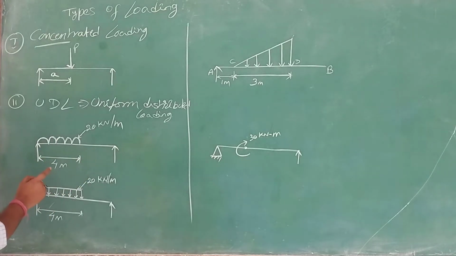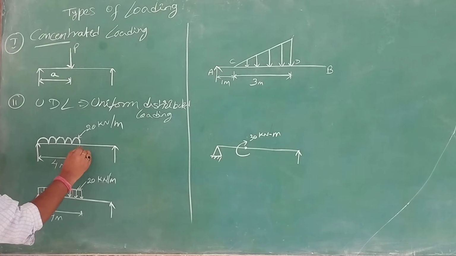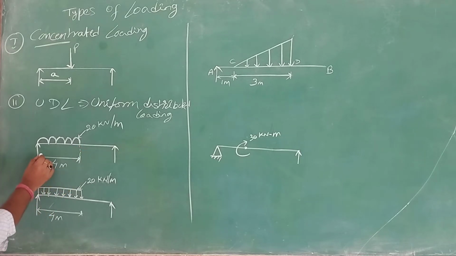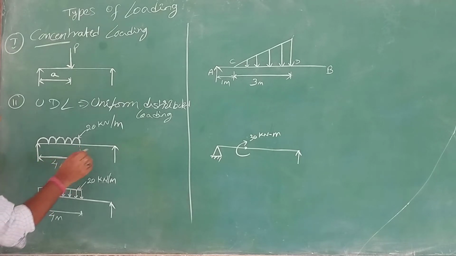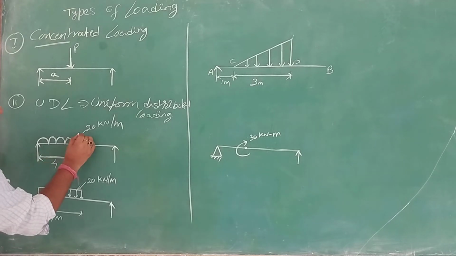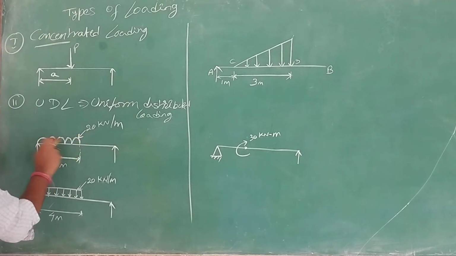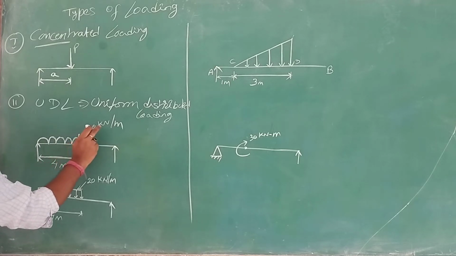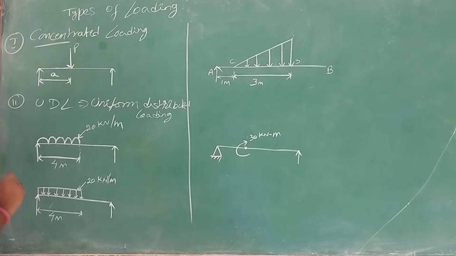Now if you see this problem, this UDL is acting over a distance of 4 meter of the total beam, and the intensity of this UDL is 20 kilonewton per meter.